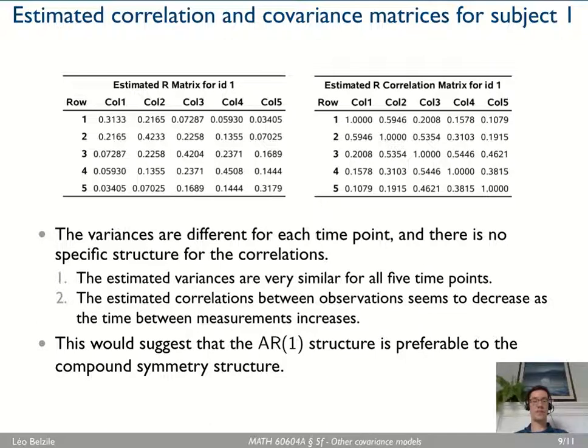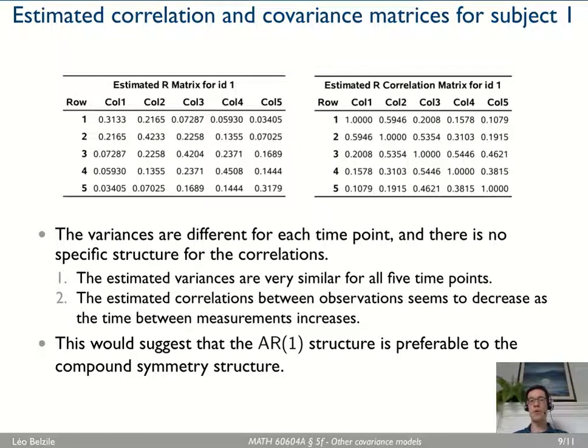If you look at the estimated variances, they look a lot like the ARH output. Some entries are a bit lower, others a bit bigger. If you look at the correlation, now I have 0.59, 0.53, 0.54, 0.30.